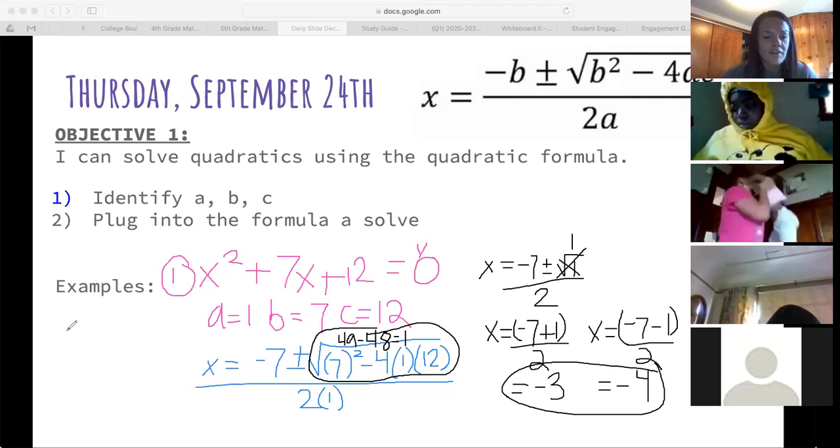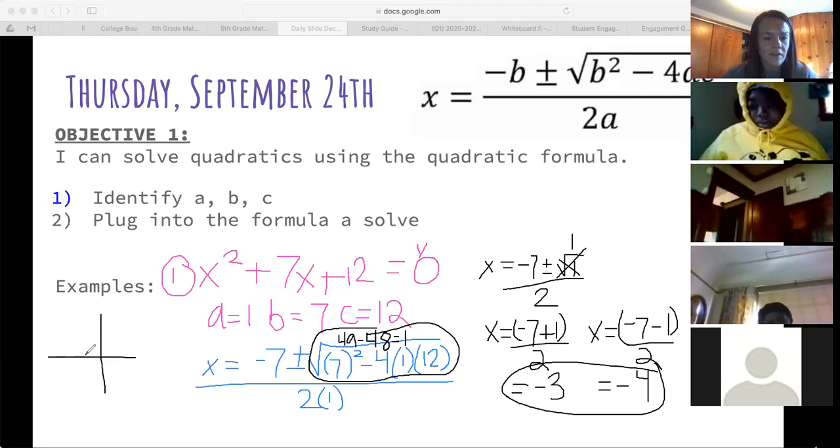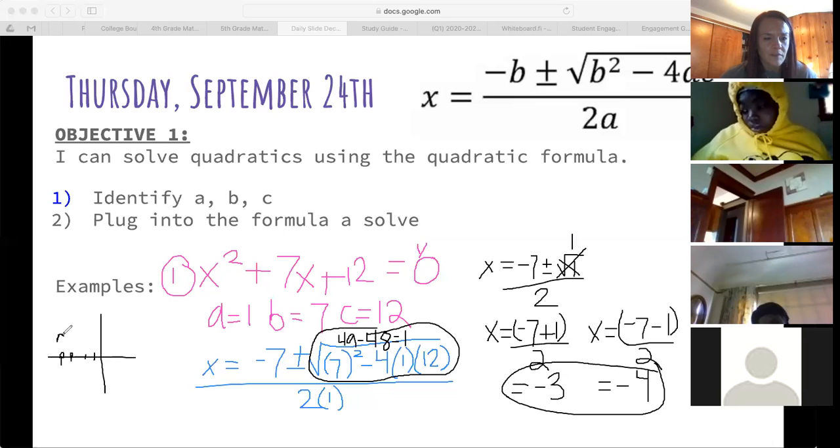So what that means, and you don't have to write this down, but just so you understand visually what that means, is that this parabola would cross at negative 3 and negative 4, and it would look something like this. I don't know how low it's going to dip, but it would look something like that. So that's what the solutions that you just found are for the parabola.